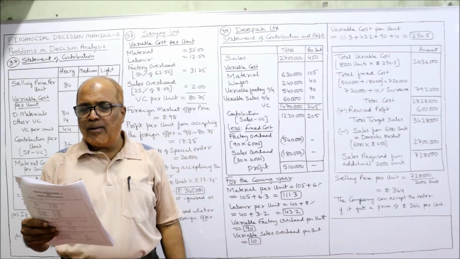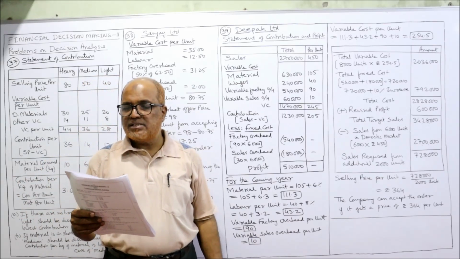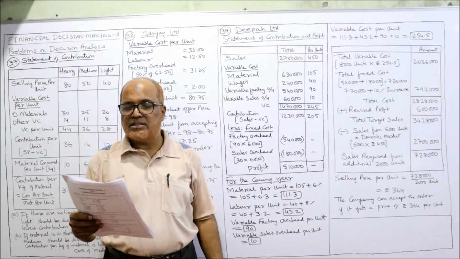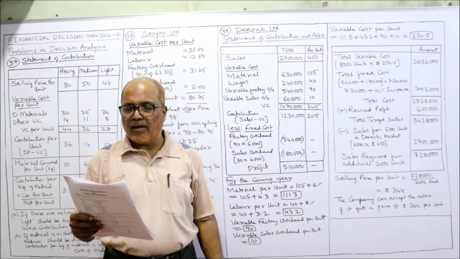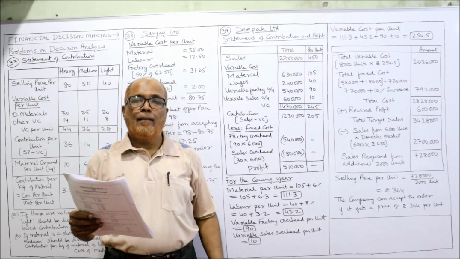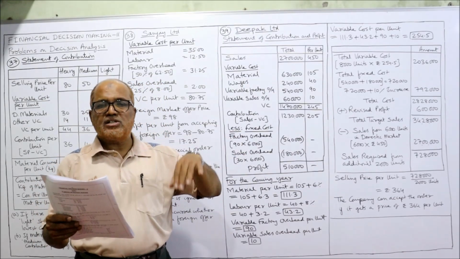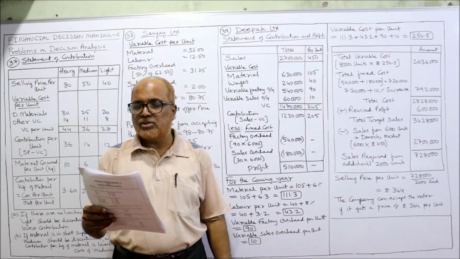The company currently produces 6,000 units. For the coming year, it receives an order from a large retail chain to supply 2,000 units. Again, a special order. Presently, the company makes 6,000 units. Now the company receives a special order for 2,000 units.